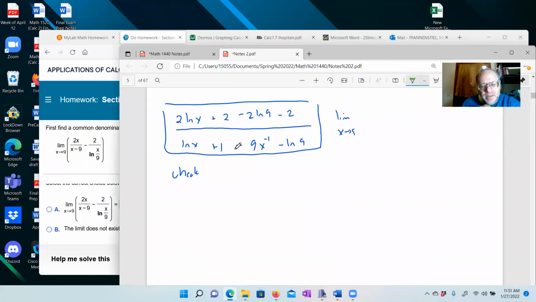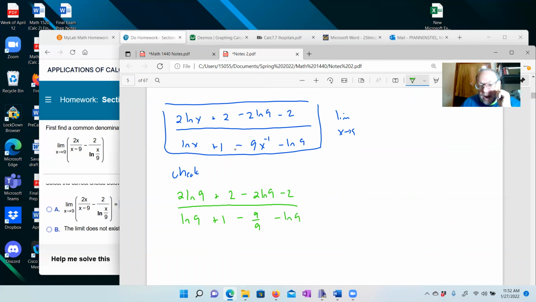We have 2 ln 9 plus 2 minus 2 ln 9 minus 2. And on the bottom, we have natural log of 9 plus 1 minus 9 over 9. That's what x to the negative 1 means.